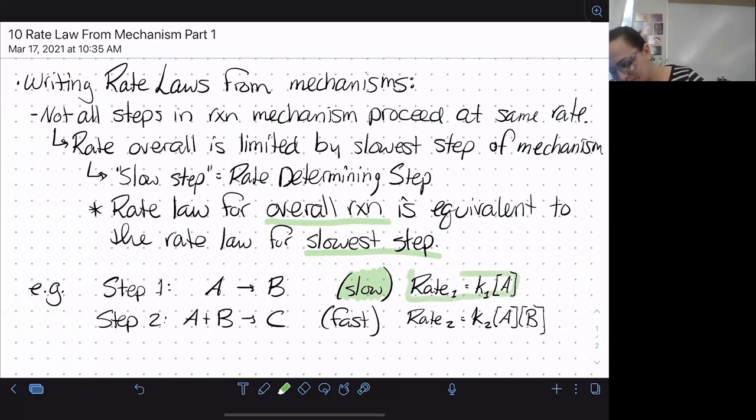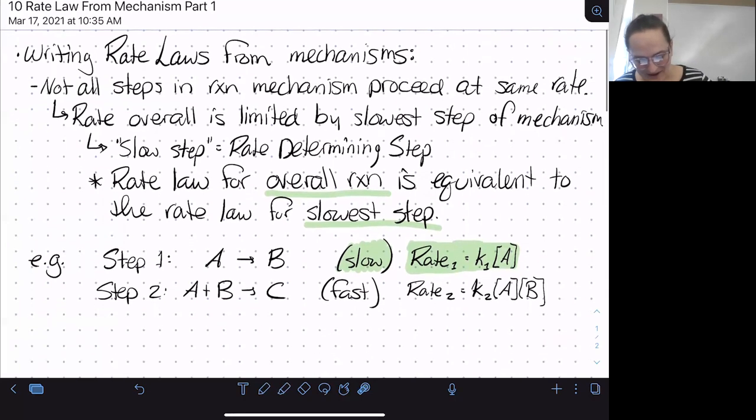I am careful to use the word equivalent up here because they're not always identical. They are always mathematically equivalent, but they're not always identical.